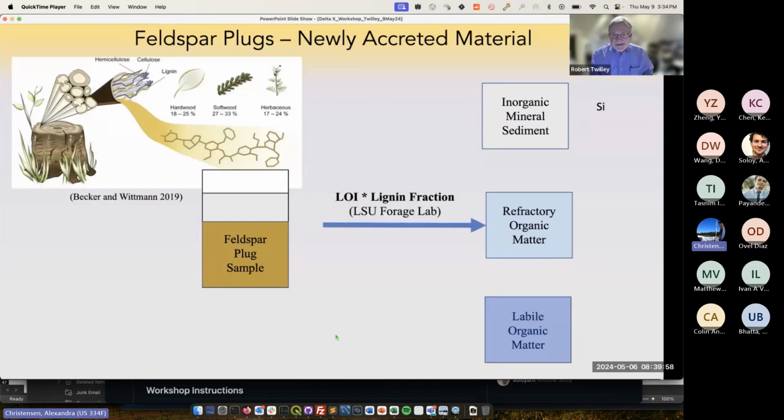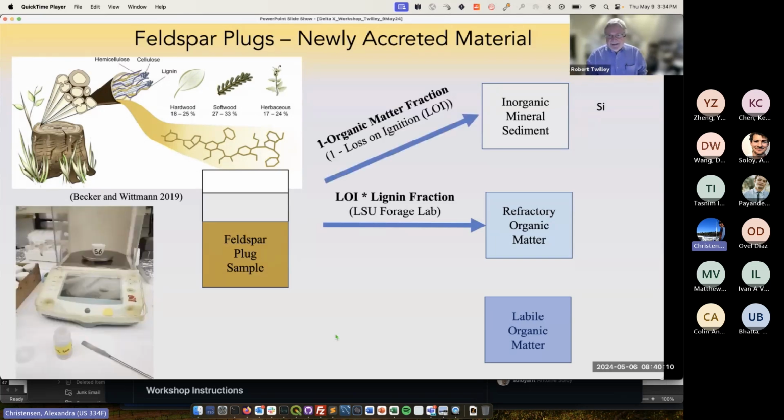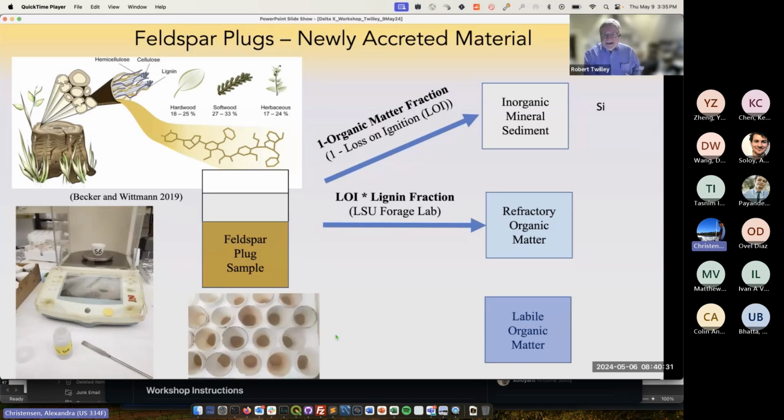Now, the other part again is the decomposition and separating out the inorganic and the organic. And we do that again by heating material, getting the amount that's lost on ignition. Again, it's lost when you heat it to 500 degrees. And that gives you your inorganic and organic material. And then of that organic material, you can send it to a lab and get the lignin composition, and that gives us one part of the refractory material.